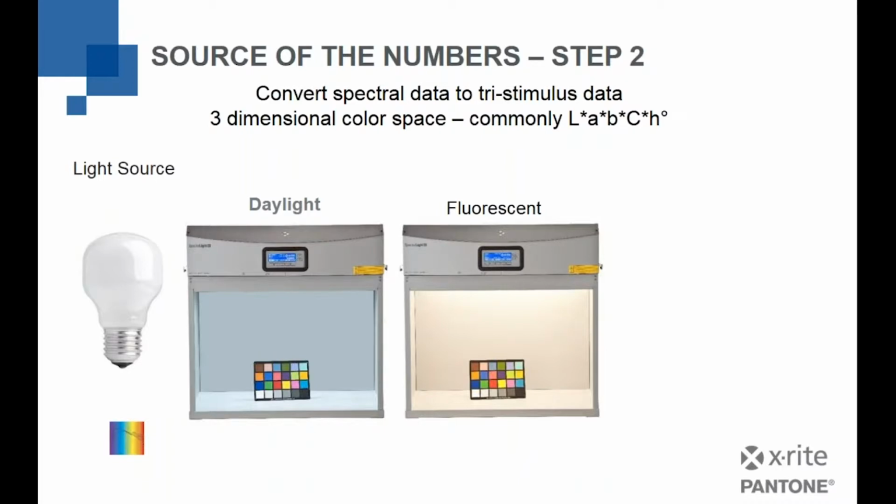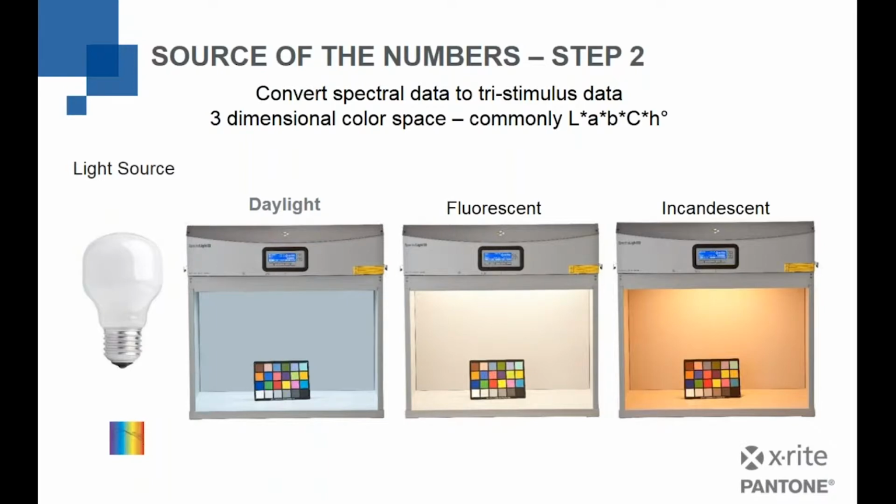So that's what the colors look like if we use fluorescent light. And lastly, that's what the colors look like if we use incandescent light. And you can see there's a vast difference in the color of the background of the booth, the color of those color swatches. If you look at the grays across the bottom on the far left, and then look at the grays on the far right, they aren't even grays anymore. They look like browns or that kind of color. So a light booth is very important.